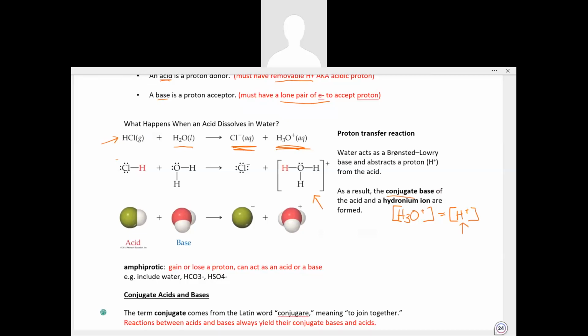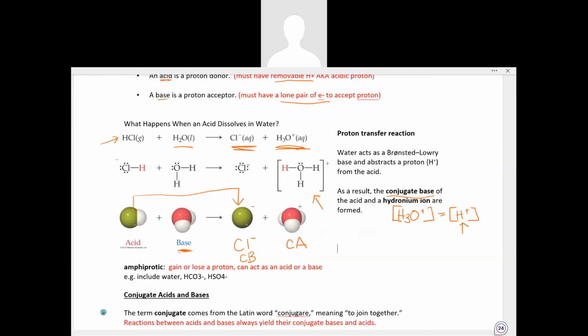We'll get the conjugate base. In this case, the chloride ion is our conjugate base, and then the conjugate acid to water, which is the base over here, is the hydronium ion seen on the product side. So when we talk about acid and base reactions, we can always relate the acid to its conjugate base, its pair with a base over here, and then we can relate our base with its conjugate acid over there.